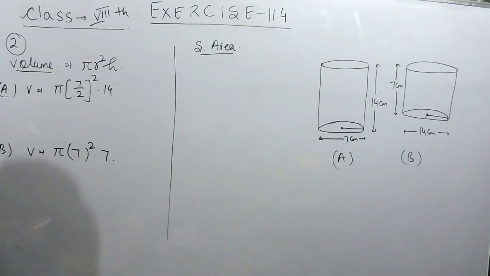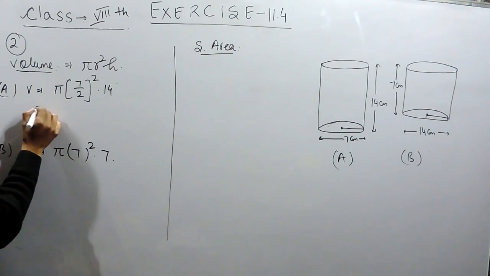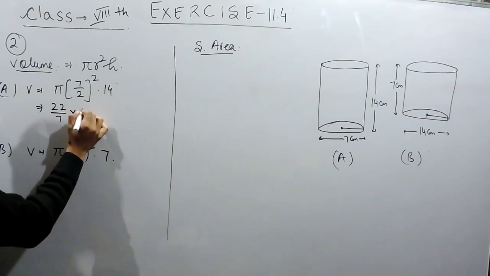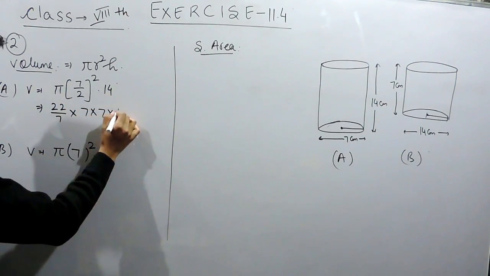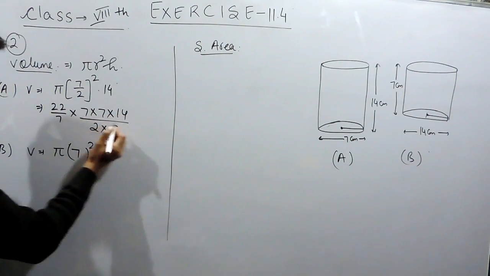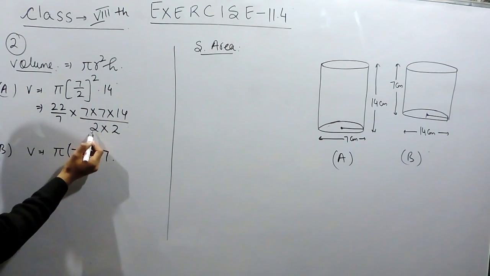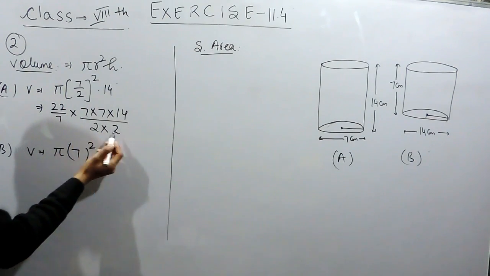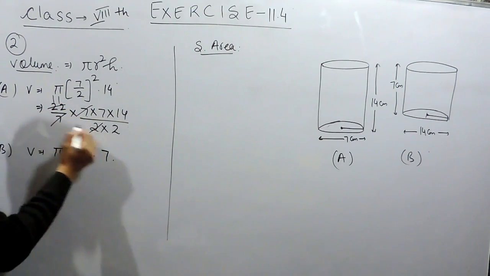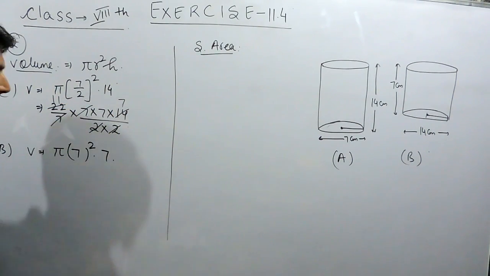Now let's solve this to find out whether we are correct or not. Pi value will be 22 upon 7. This will be 7 multiplied by 7 multiplied by 14 divided by 2 by 2. This 7 square will be 7 multiplied by 7, and 2 multiplied by 2. This 7 can be cancelled, this can be cancelled 11 times, and this can be cancelled 7.